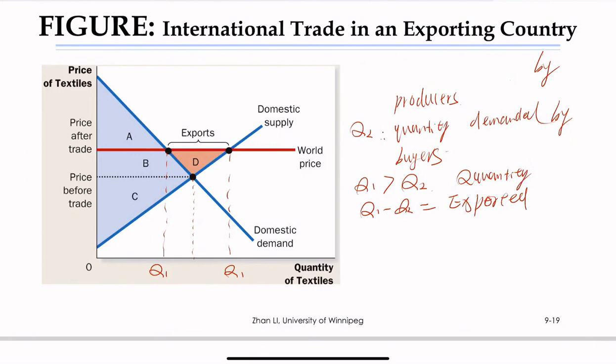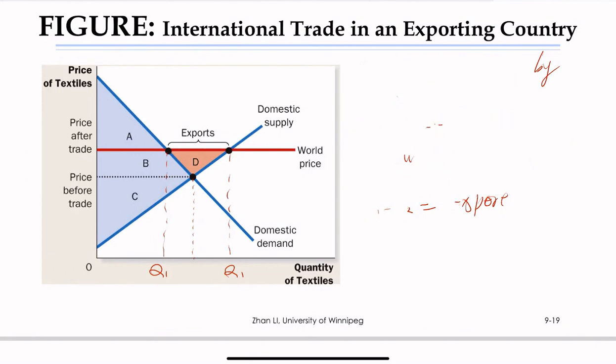Okay, we have discussed price and quantity. Now let's discuss how total surplus will change, right? So to do this, let's start with the simple case of no trade, right?